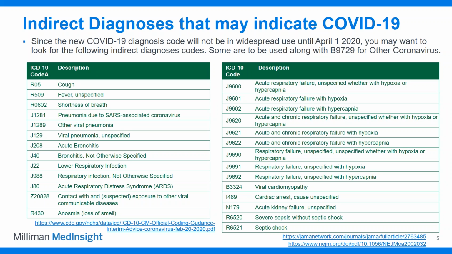So we talked a little bit about the fact that a negative test doesn't necessarily exclude a diagnosis of COVID-19. So up here, just to orientate you, we've got our non-specific diagnoses, cough, fever, shortness of breath. Then we've got all the respiratory infections, anosmia at the bottom. On the right, we've got respiratory failure, and then going to cardiac failure, renal failure, and septic shock.